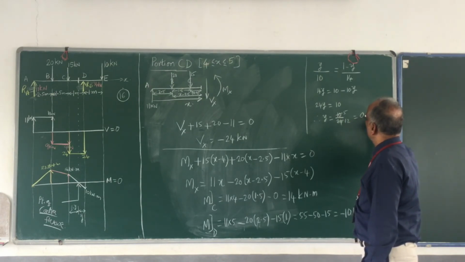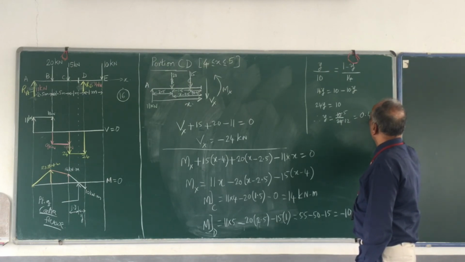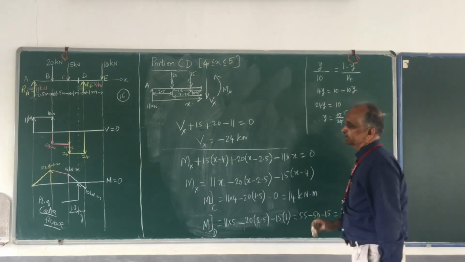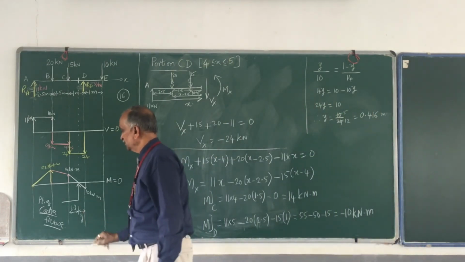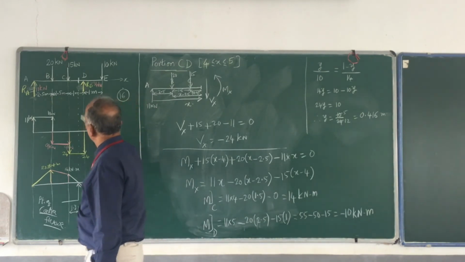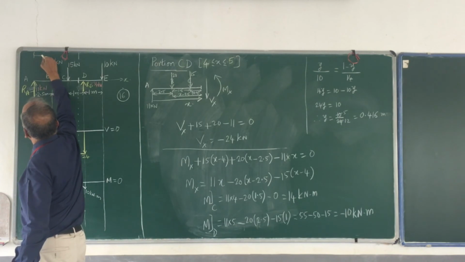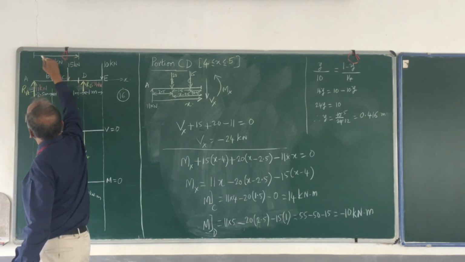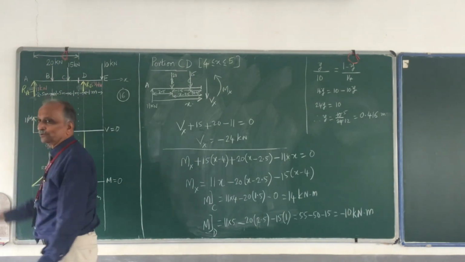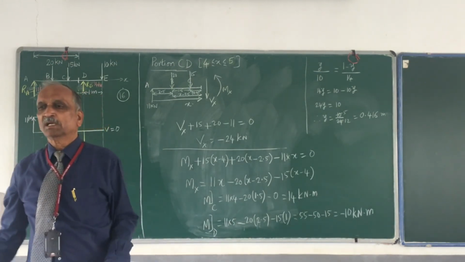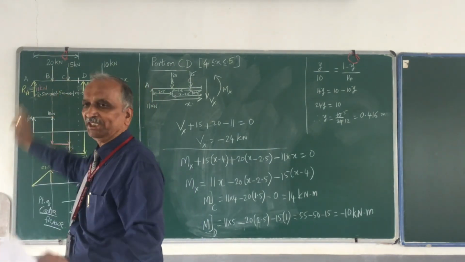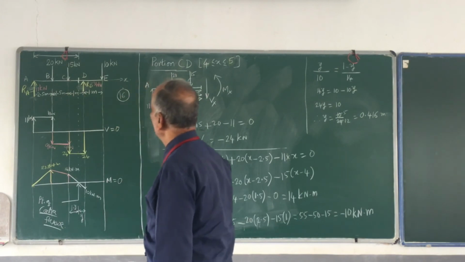So this is equal to 0.416 meters. That is nothing but this. Ultimately I want this distance from here to here. You have to say that the point of contraflexure is at a distance of so much from point A. So how much is that?